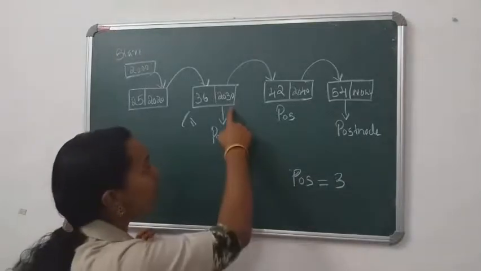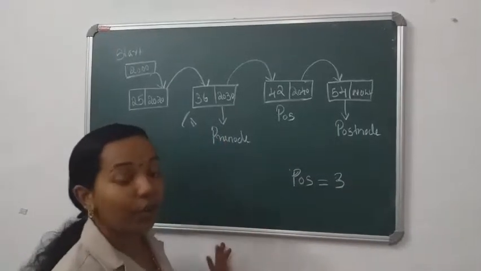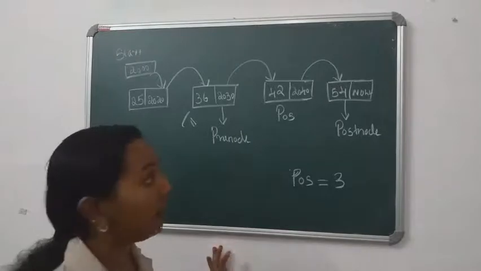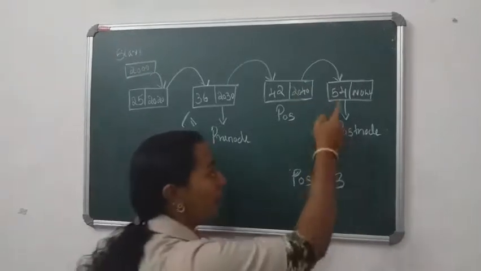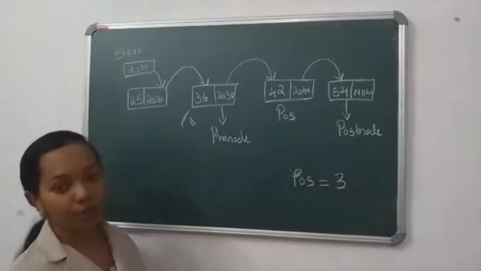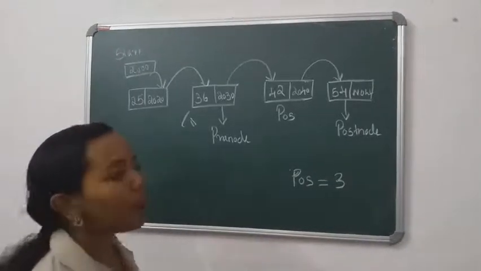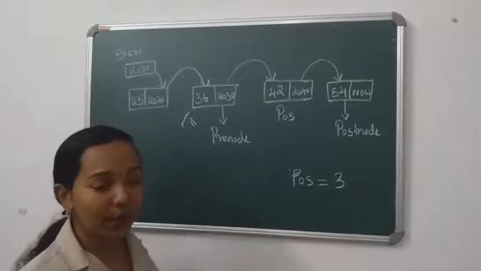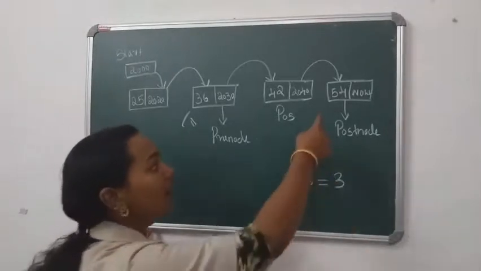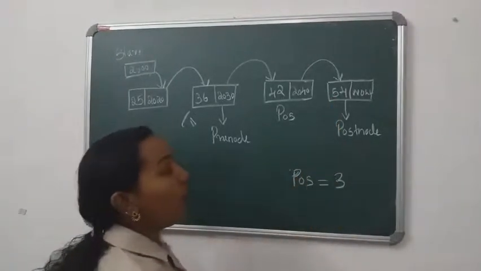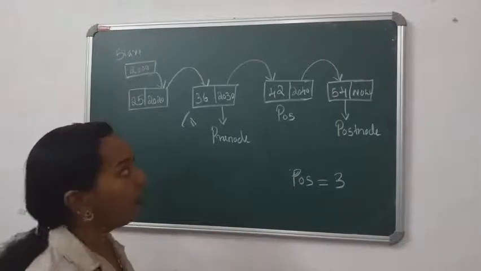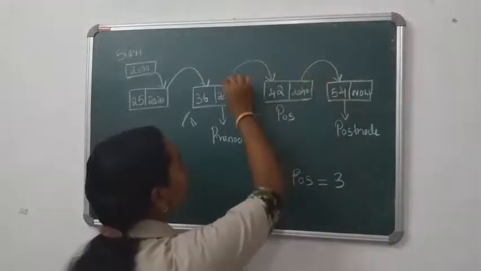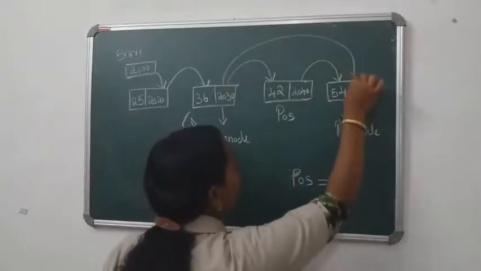So instead of 2030, which value do you want to paste here? 2040. What is this 2040? The memory address of the post-node. So in the deletion algorithm, copy the link part of the post-node into the pre-node. Instead of these two connections, we are going to write one connection.